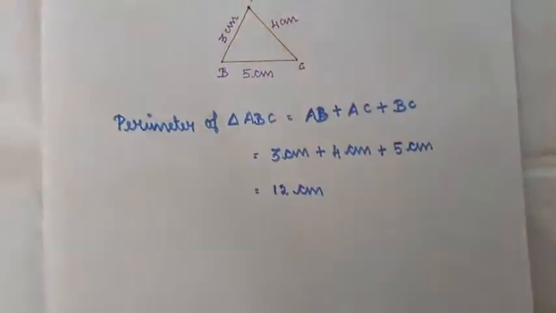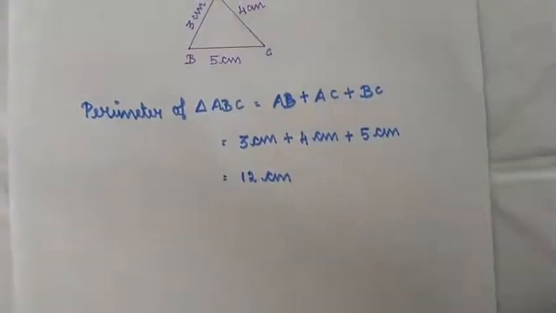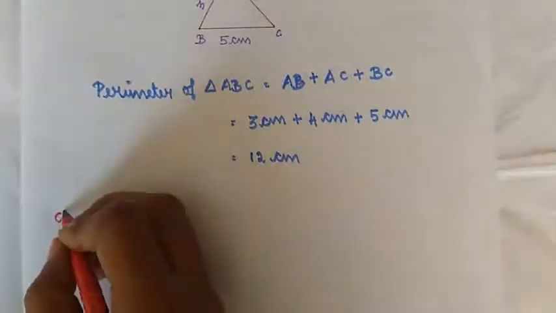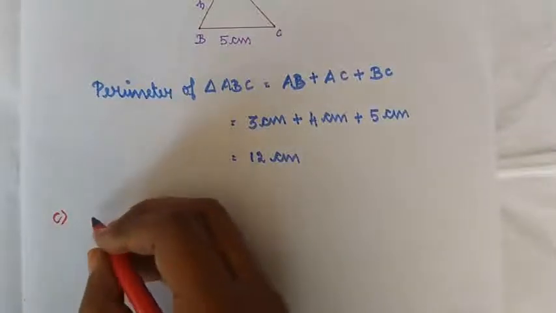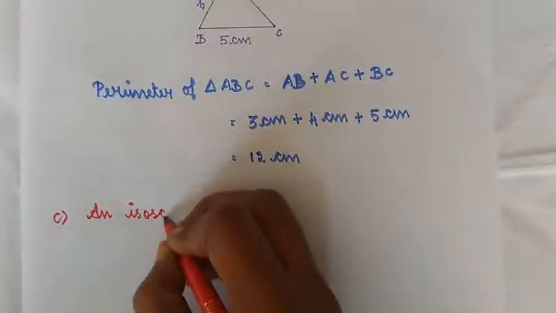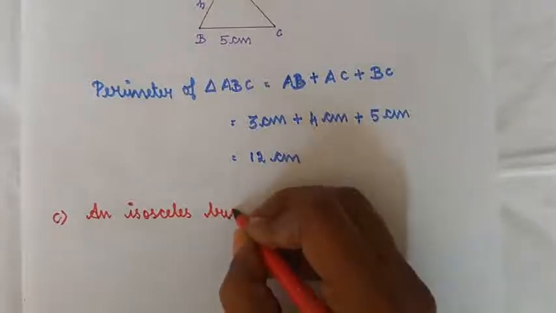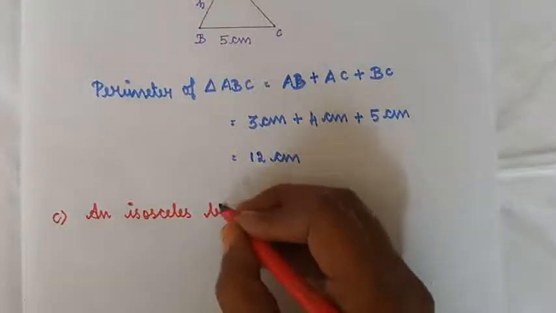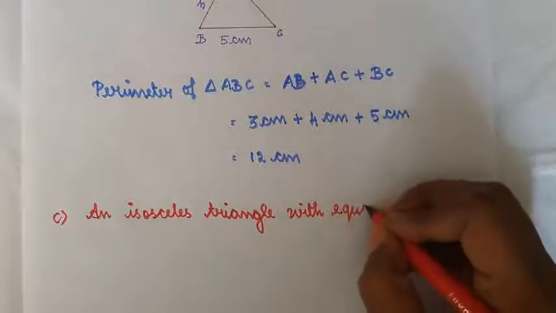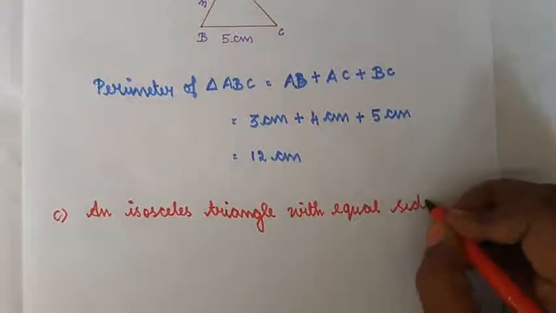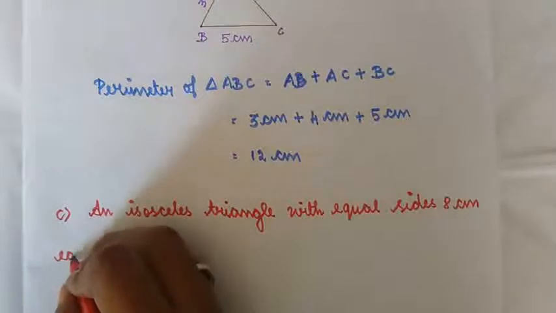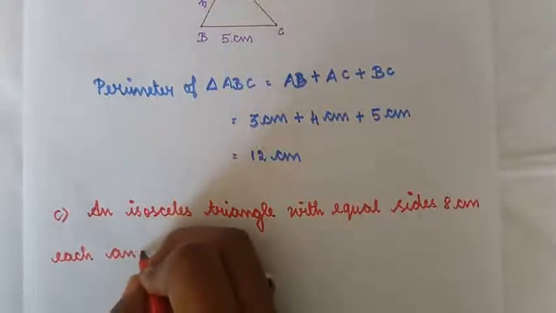Next we have to take subdivision C. An isosceles triangle with equal sides 8 centimeter each, and the third side is 6 centimeter.